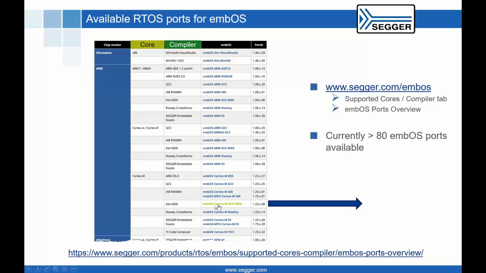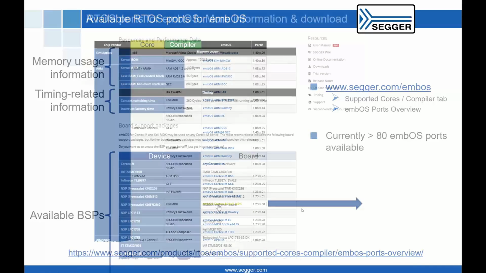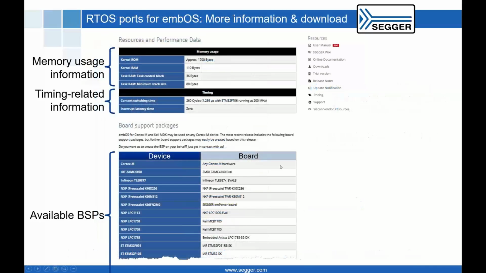So let's say, just for argument's sake, you are going to use a Cortex-M part, which is that STM32F4 on our board, and then let's say you're using Keil MDK as your development environment. So you click on that, and then you get another page with more information and download options for that particular port of MBOS.